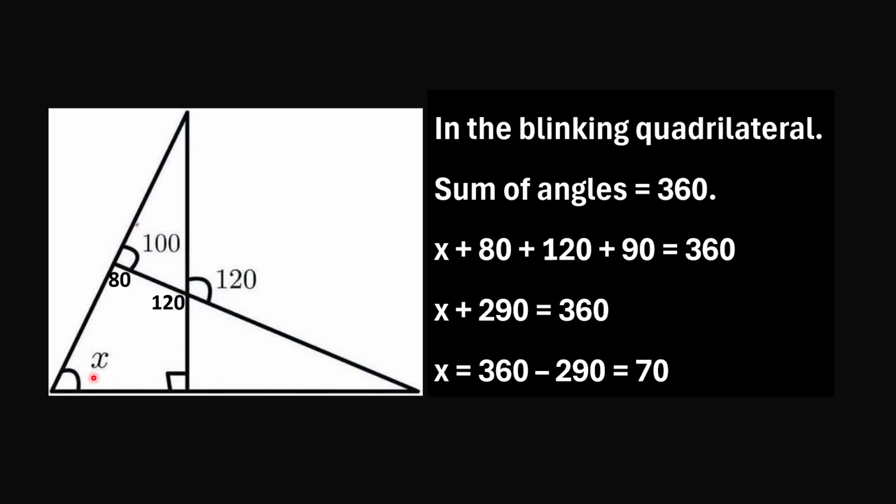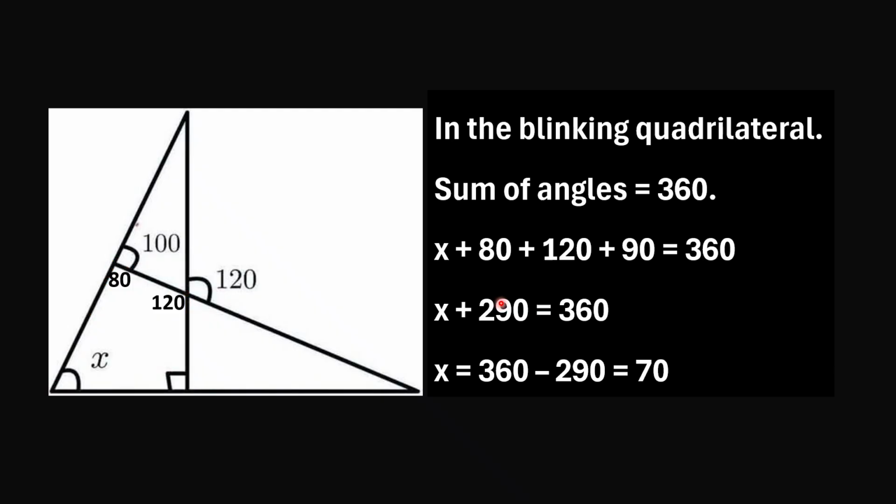So x plus 80 plus 120 plus 90 should be 360. 80 and 120 is 200, 200 plus 90 is 290.